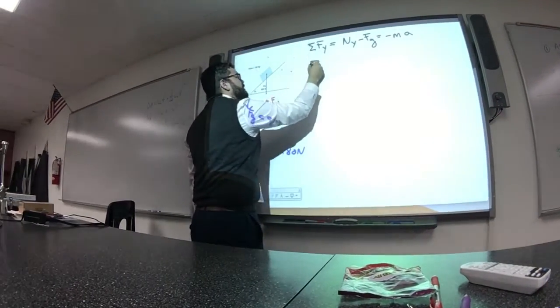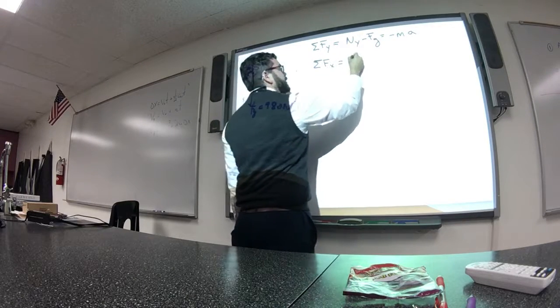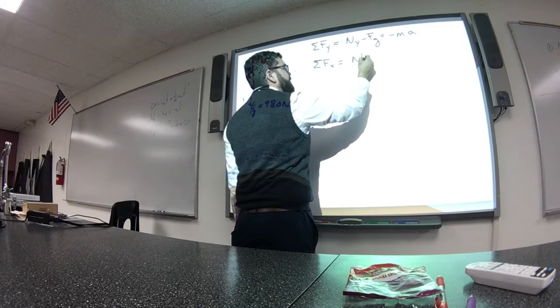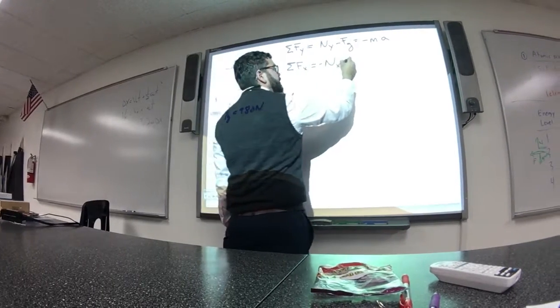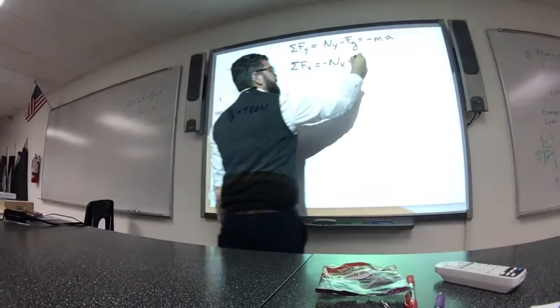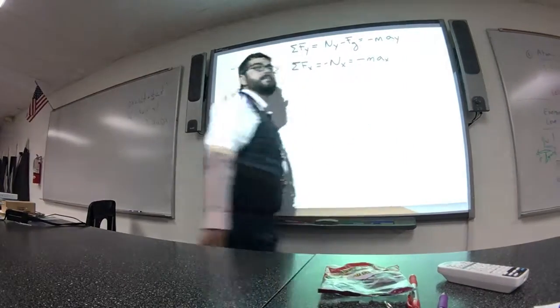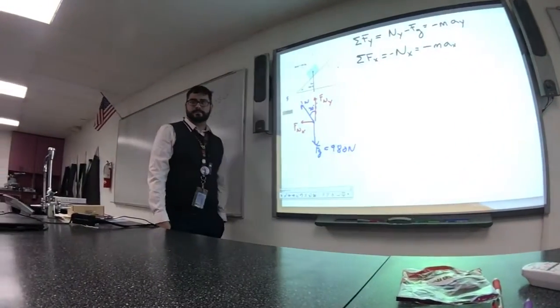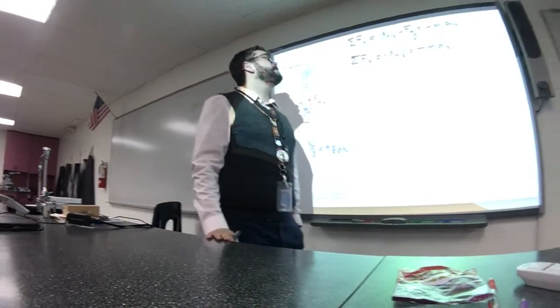And a sum of forces in the x, which would be normal force x, negative, and this is moving to the left, so it should be negative max. This would be negative may. Does that make sense? Is that fine for everybody so far?